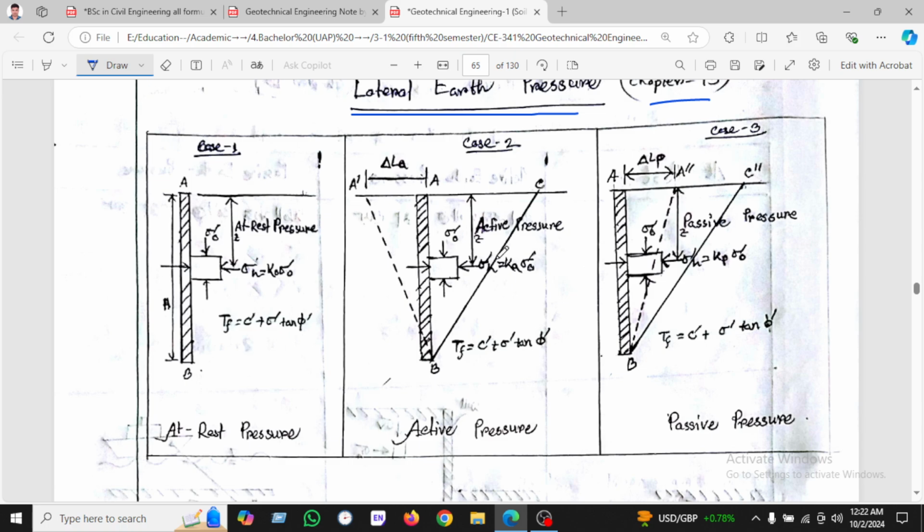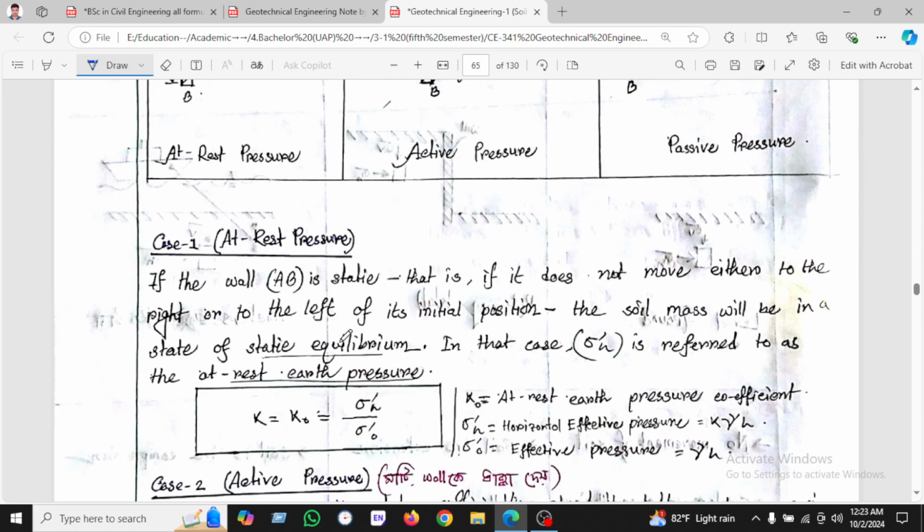In the active case, the soil is thrusting on the retaining wall. That's why this is the active case. The last one is the passive case, when the retaining wall or something is thrusting onto the soil, then we consider the soil to be in the passive case.